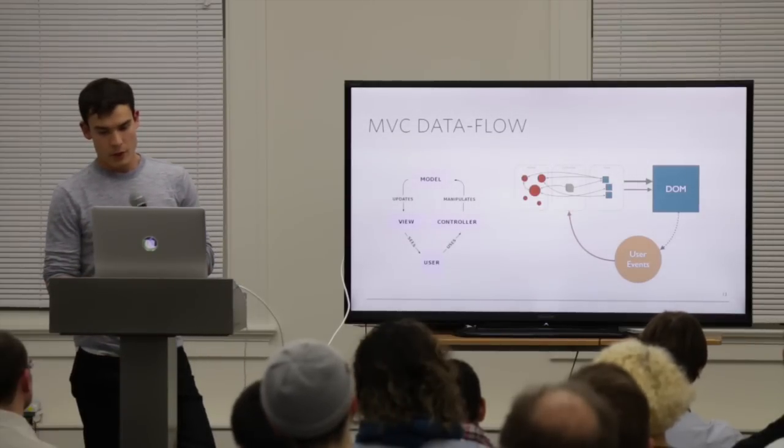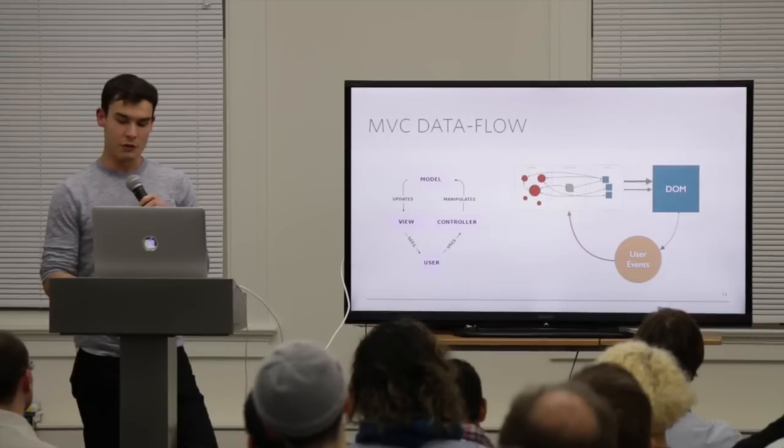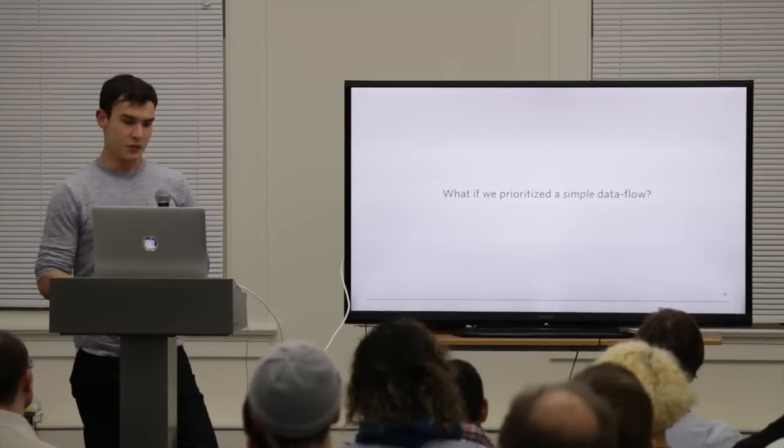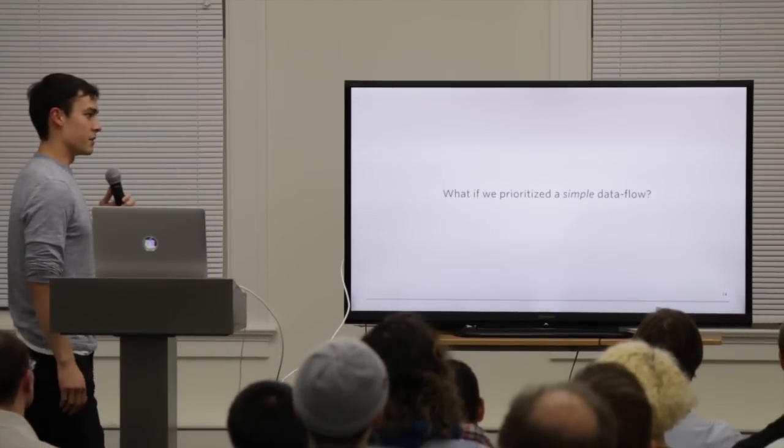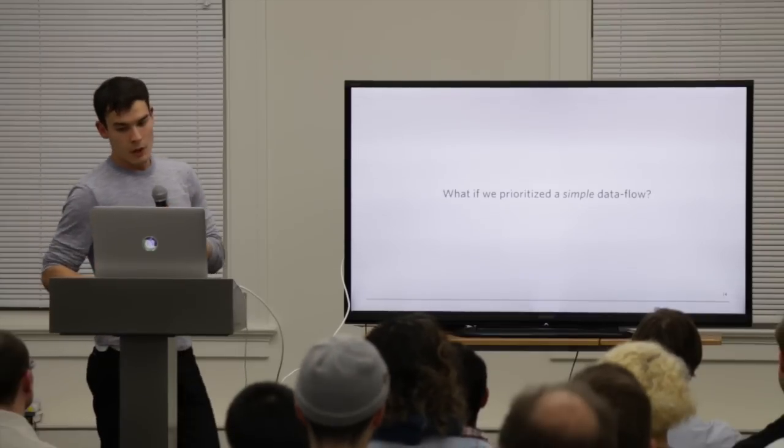Of course, with the functional alternative mindset, we have to question: what if we prioritized a simplified data flow? What I mean by that is, what if the model of understanding our system was consistent? It didn't grow as we scaled out the features of our system, but was a constant thing that we could easily reason about and build out.